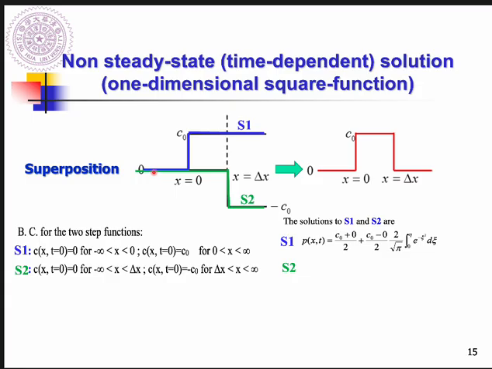Use this plus this one divided by 2, and use this minus this one, negative C0 minus 0 divided by 2, and the error function of iota will be the typical corresponding solution. But just keep in mind here, the bottom and upper limit have changed, because it was at x equals 0, but now it's moved to delta x.